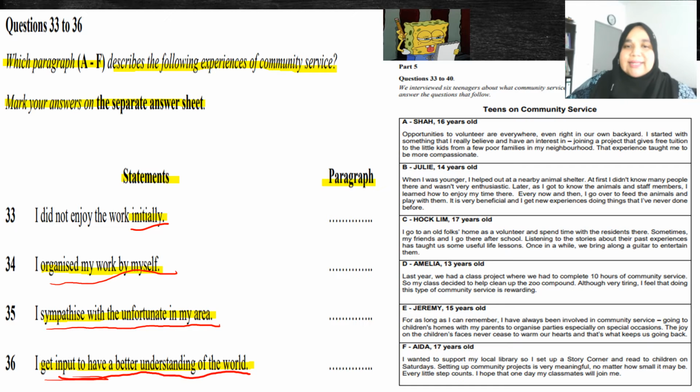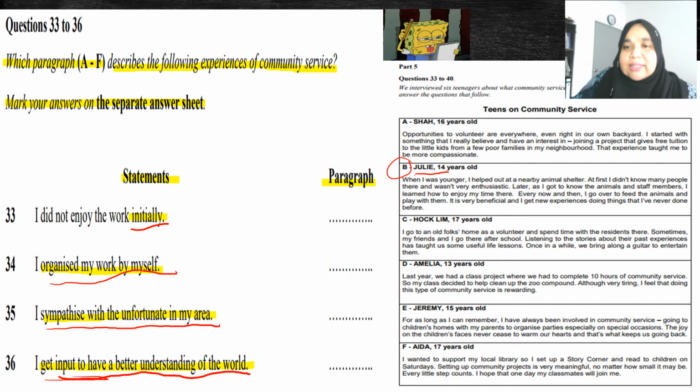Now let's see paragraphs A, B, C, D, E, and F. Let's see number 33. I did not enjoy the work initially. So the word initially here means at first. You have to go through all the statements here, A to F, and I can see the words at first come from paragraph B, by Julie.